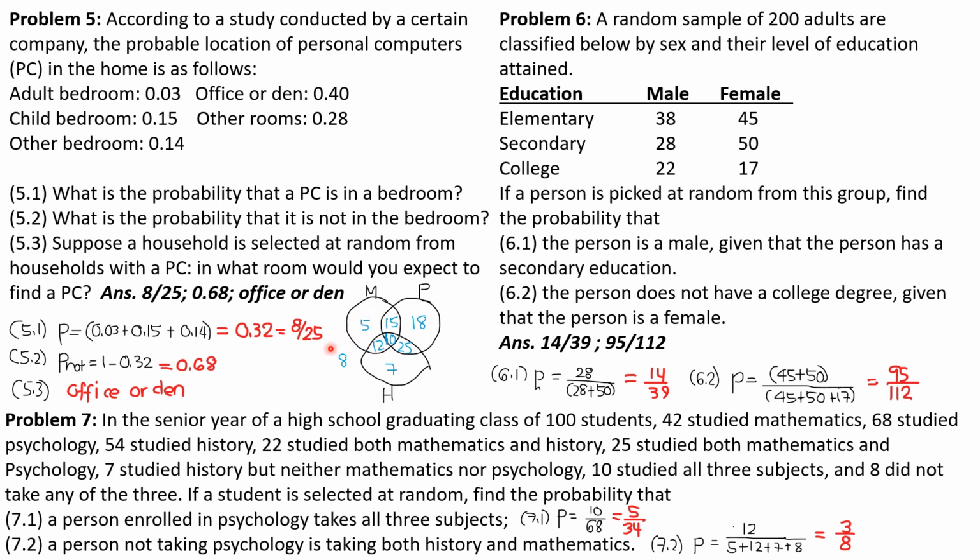So the total population should be this part. So for the numerator, it's 12 common to math and history, and the total population is 5 plus 12 plus 7 plus 8, and that is 3 over 8.